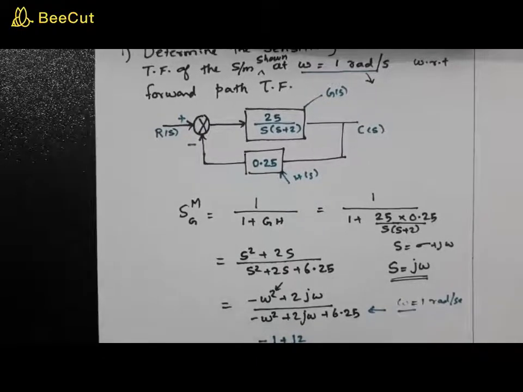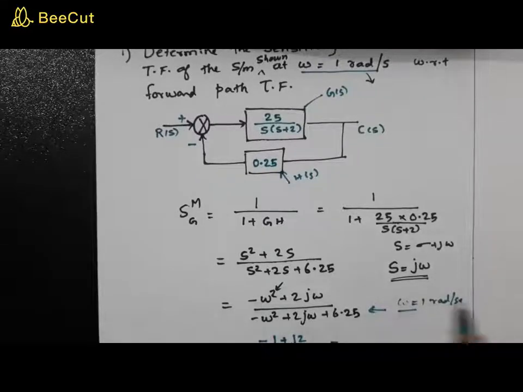Now, this is sensitivity. Sensitivity is a particular value, I mean, it is only a magnitude. So you can find the magnitude of this. How will you find the magnitude? This is root of a square plus b square, and here also root of a square plus b square.